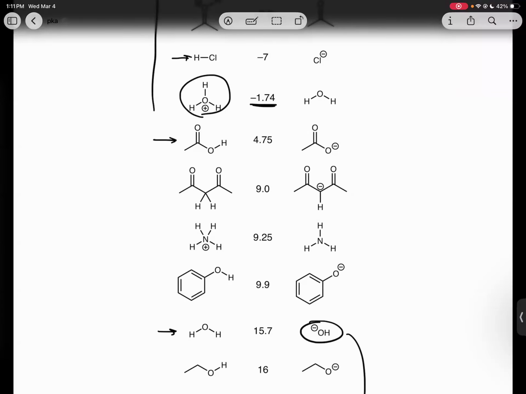Now, the most common cases in which you're going to see this are things like sodium hydroxide, where really what we care about is that it's hydroxide. The same would go for, sorry, that's a double bond.